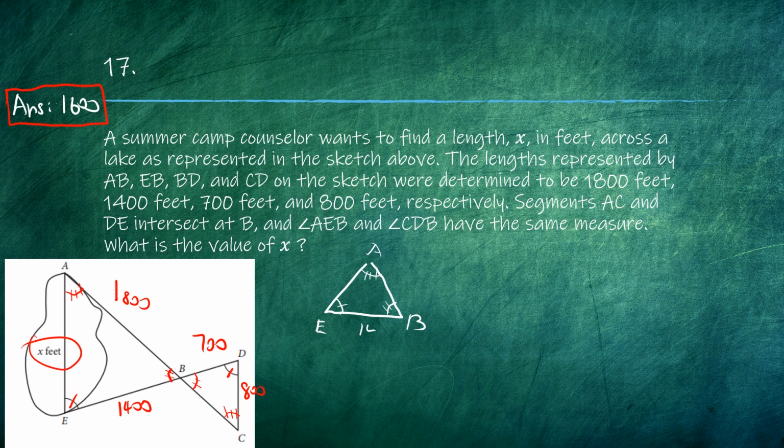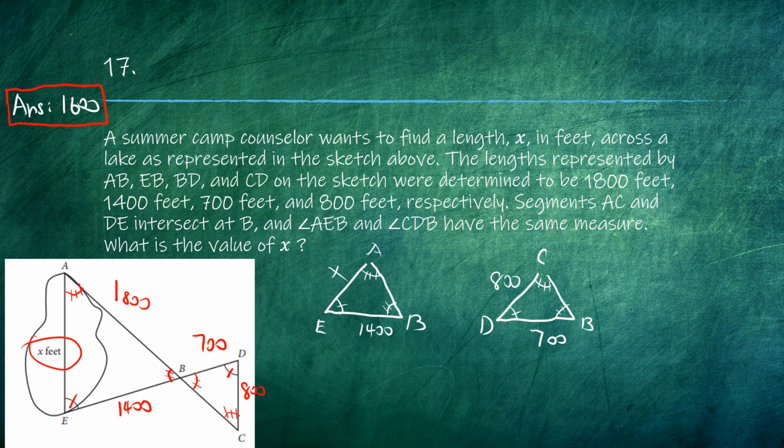We know that this is 1400 and this is x. And on the smaller triangle, we have angle D with the 1, and the angle B, the 2 slash, and the angle C, the 3 slash. And we know that the length DB is 700. The length DC is 800.